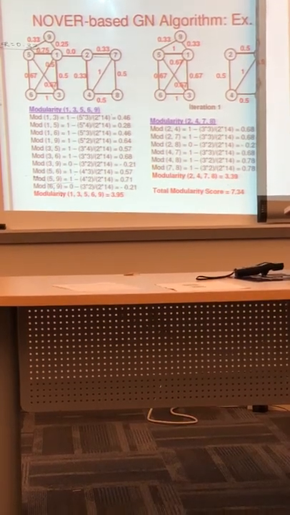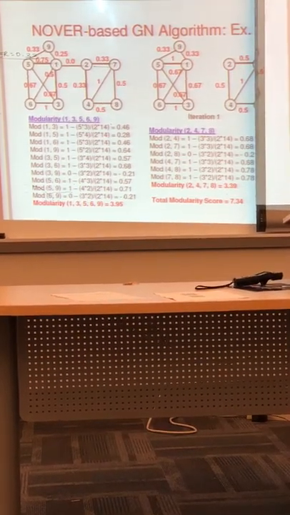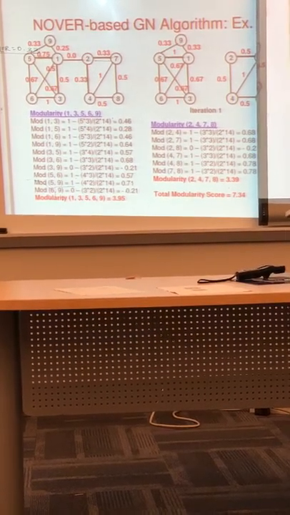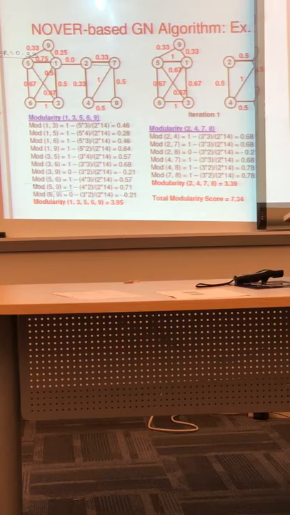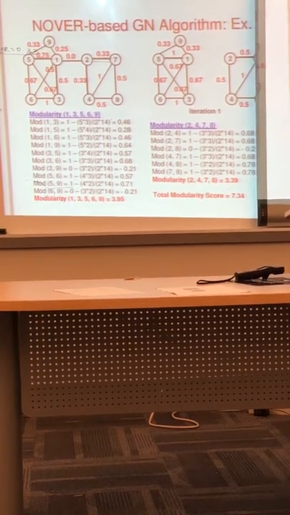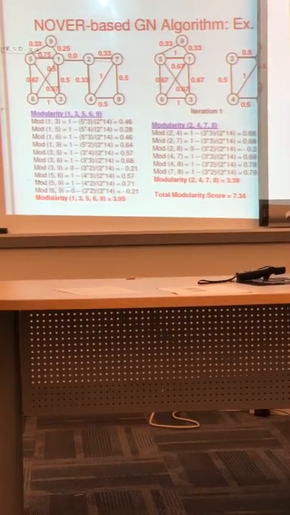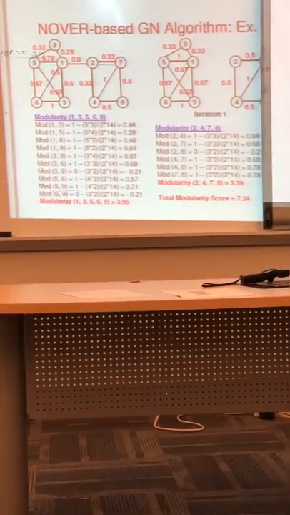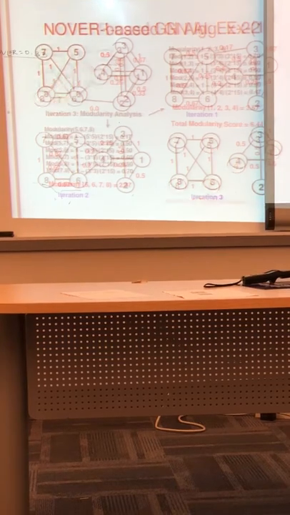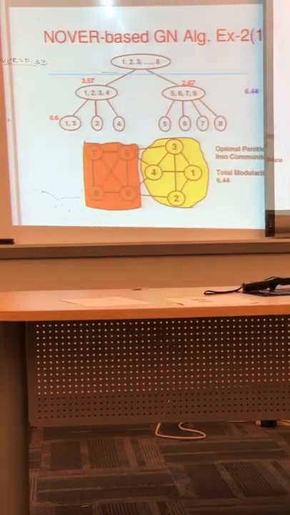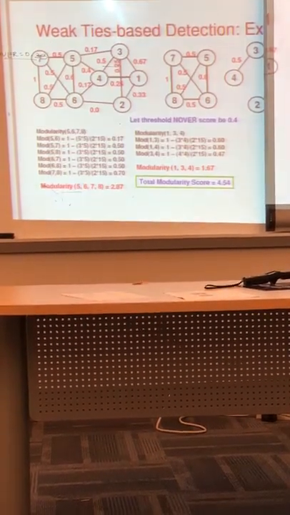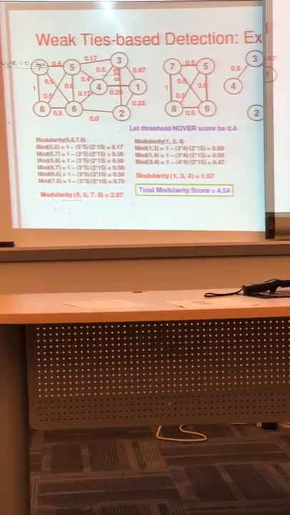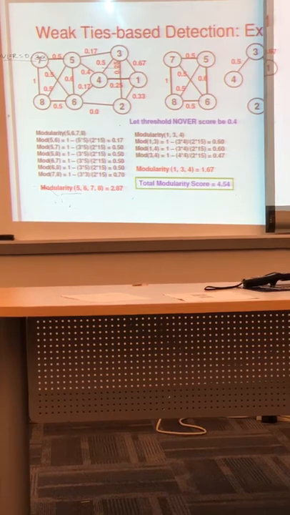Okay, so if you remove the edge that acts like a weak tie, then you are more likely to partition the graph into communities, right? So that's the idea here. So just classify the edges as either strong tie or weak tie, and then remove all the weak ties, whatever be the number of edges that are classified as weak ties. Then whatever is the resulting partitioning, those are your communities.